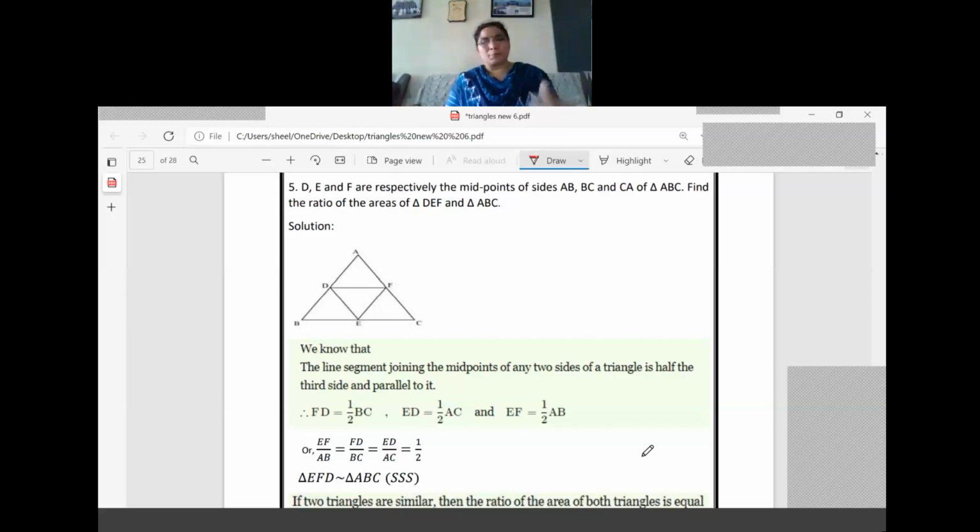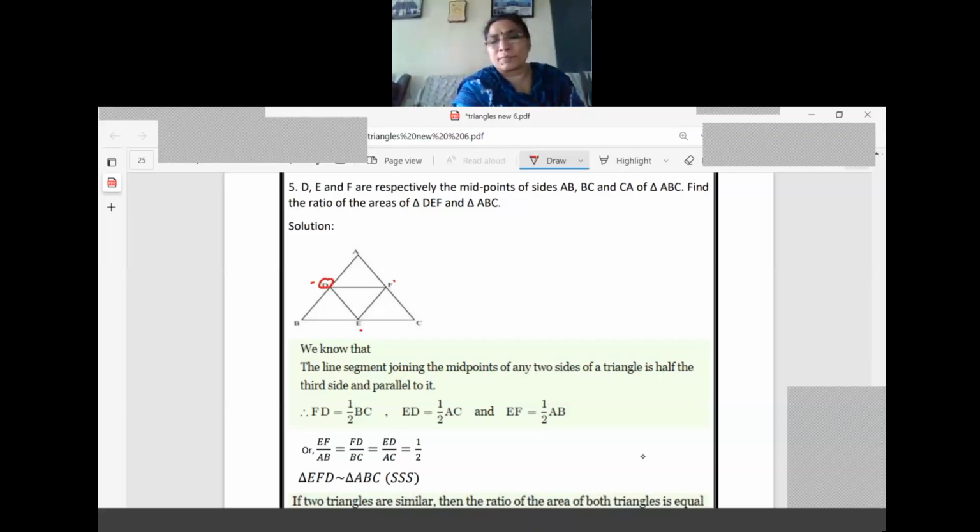Now we are going for the midpoint theorem that you have already studied. What is given here? D, E, F all are midpoints of the respective sides. If you consider FD, the upper line, both are midpoints.